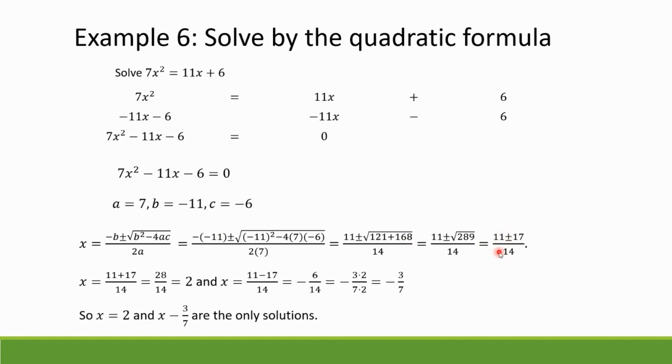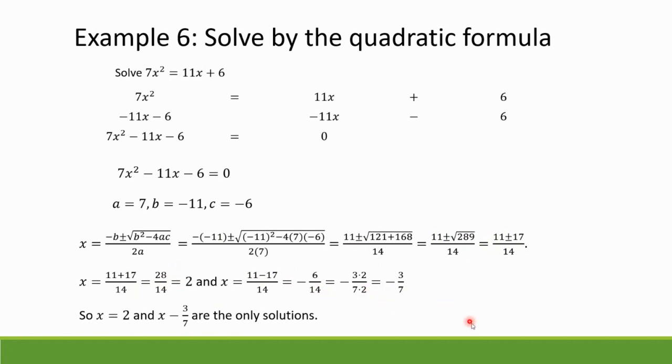So we get x equals 11 plus 17 over 14, which is 28 over 14, which is 2. So that's one solution. The other one, instead, you're subtracting. So you get 11 minus 17 over 14, which is negative 6 over 14.